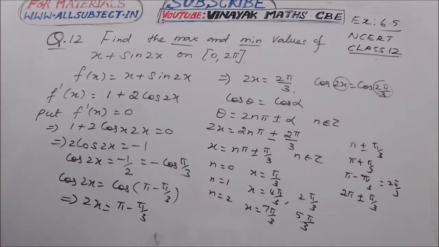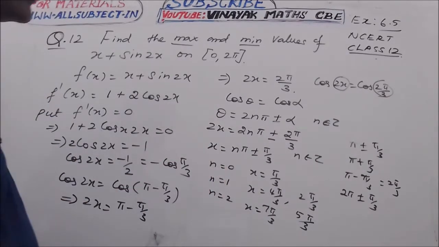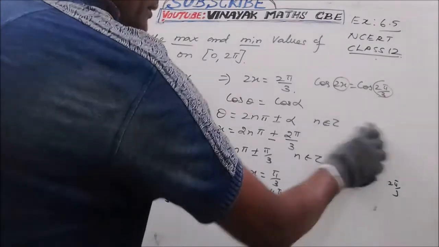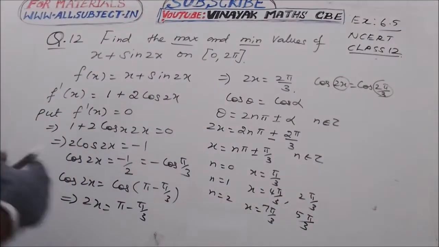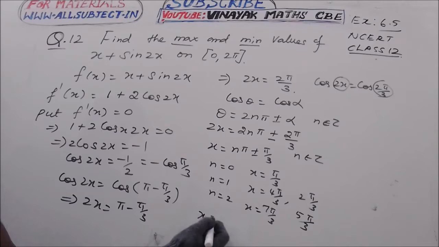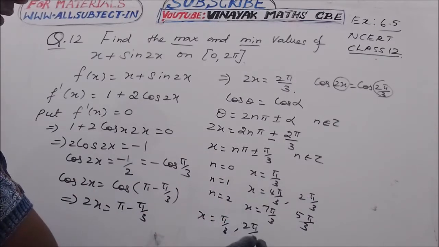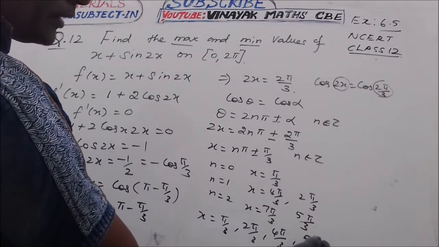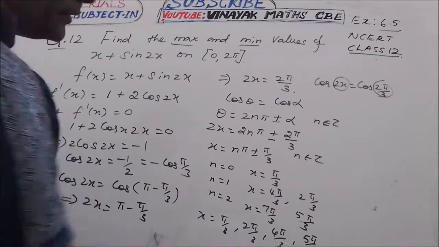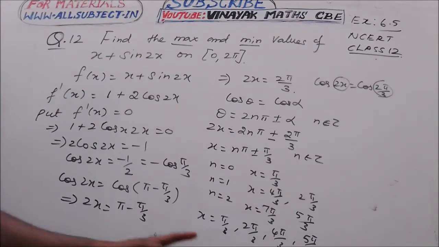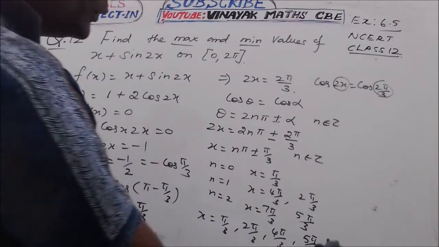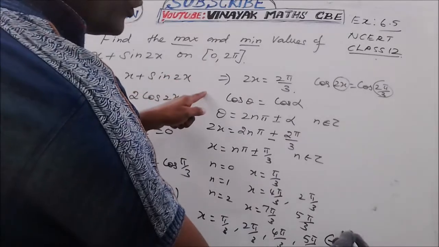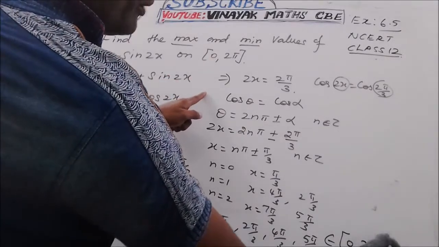Therefore the values of x are pi by 3, 2 pi by 3, 4 pi by 3, and 5 pi by 3, which belong to the closed interval 0 to 2 pi.